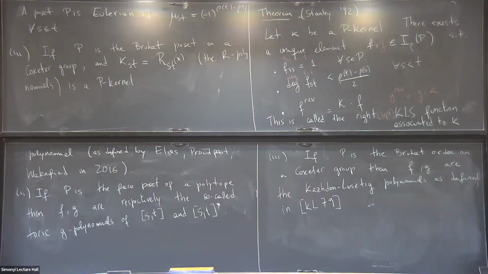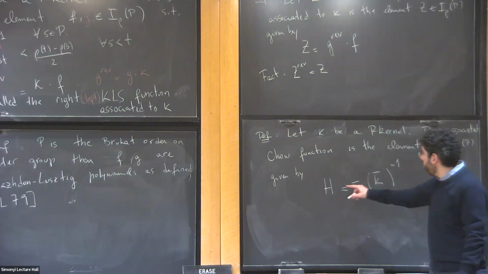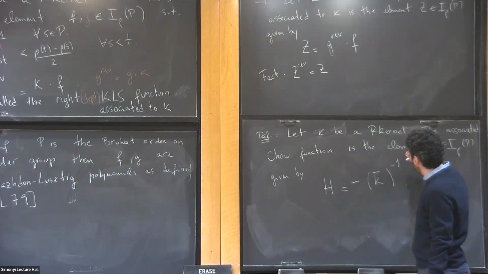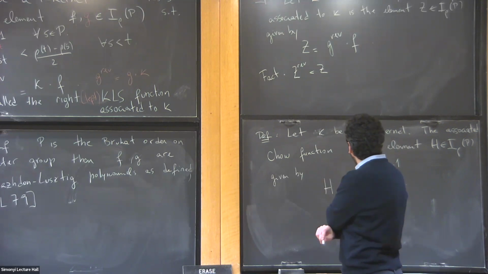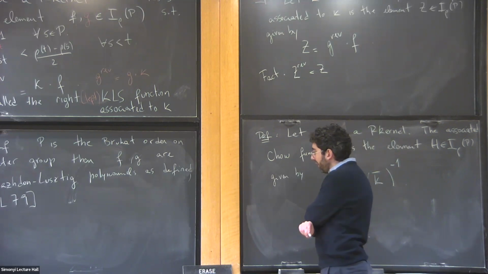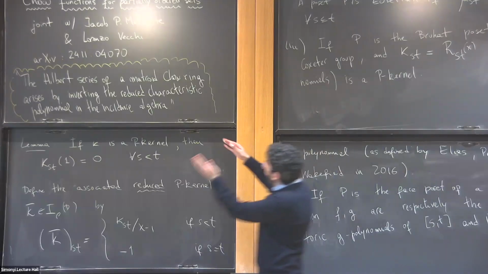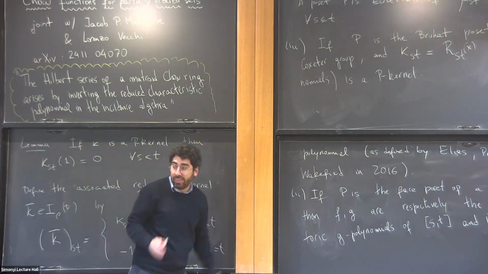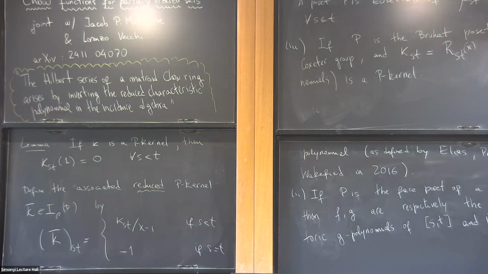Using that definition, I obtain an element kappa bar in the incidence algebra, which I can invert, and this H is precisely defined in this way: take kappa, reduce it, invert it, and then change the sign. That's the Chow function. That claim of inverting the reduced characteristic polynomial in the incidence algebra will be precisely that. That's the first example that I want to discuss in detail.